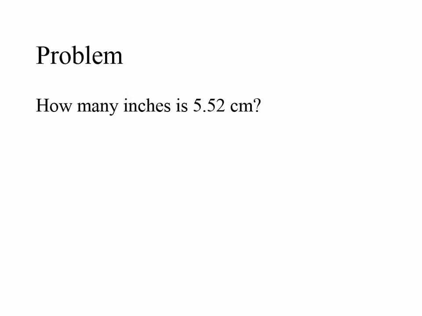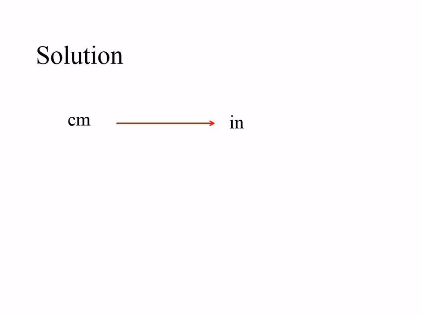2.54 centimeters equals 1 inch. Yep, 2.54 centimeters equals 1 inch exactly. Exactly. So if I was diagramming this, this is how I would diagram it. I would just put this equality over that kind of arrow. How am I going to get from centimeters to inches? I'm going to use the relationship between centimeters and inches.